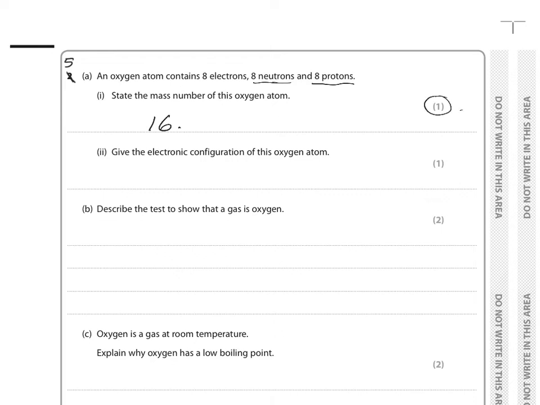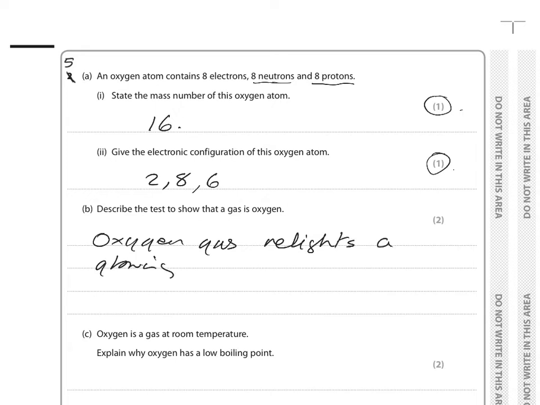Give the electronic configuration of this oxygen atom, where you can get to 16 by 2,8 gives you 10, and it's going to have 6 electrons in its outer shell, which puts it in group 6, which agrees with what we know. Describe a test to show that the gas is oxygen. Oxygen gas relights a glowing splint.